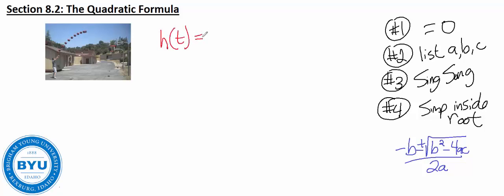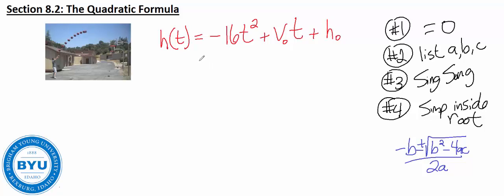The height of an object is -16t squared plus its initial velocity, so how hard you throw it up or what speed it's launched at, plus the initial position. If you have to take physics, this will be one of the formulas you'll see all the time. Sometimes they might call it h-naught for initial height.